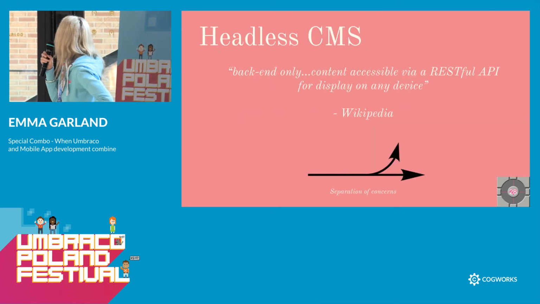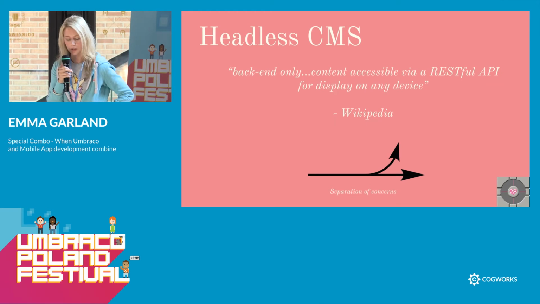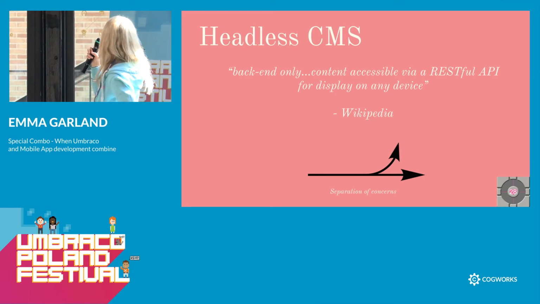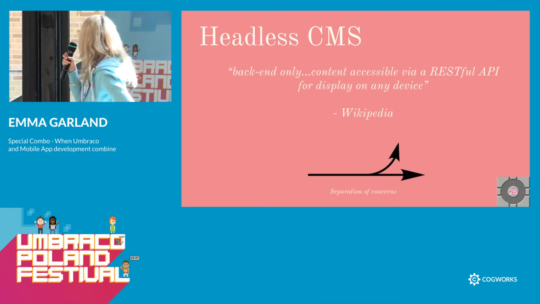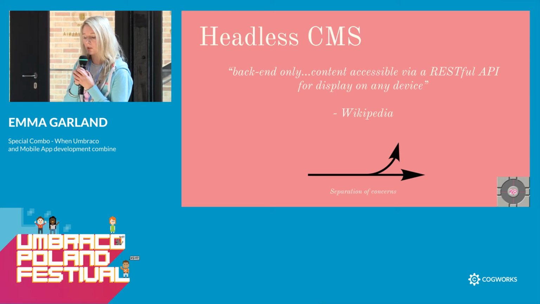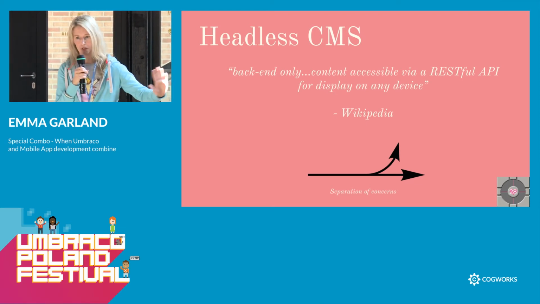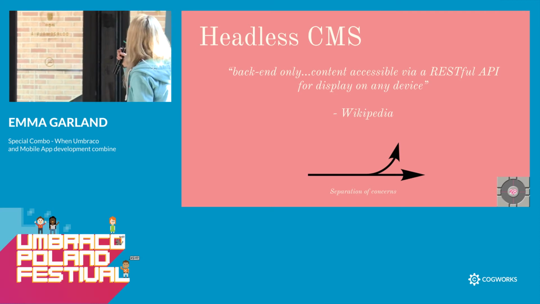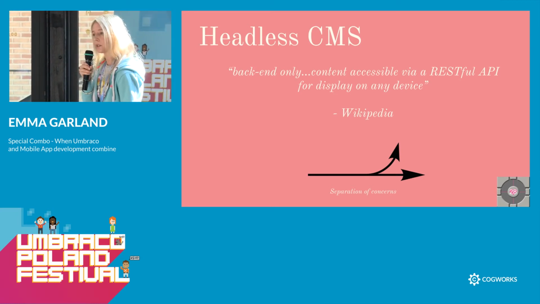So Headless CMS, as a definition, is actually from Wikipedia. It's back-end only, and the content is accessible via a RESTful API for display on any device. So you are chopping the head off the actual website side of things. It's all just available via an API.